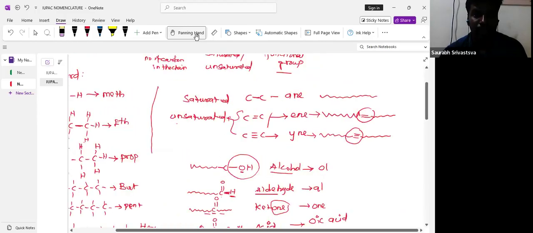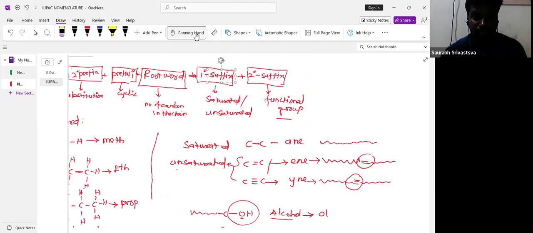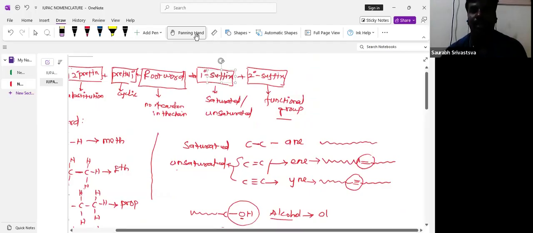This is saturated. Saturated means you find carbon and carbon having a single bond. If it is a single bond, the secondary suffix we can't write. Here the primary suffix tells us saturated or unsaturated. If it is saturated, here you should write ANE. If it is unsaturated, here you should write ENE or YNE. Clear?